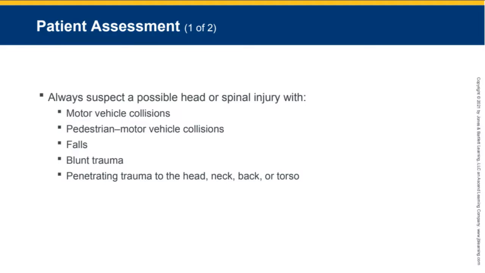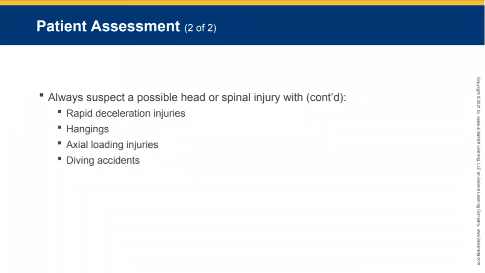Pedestrian versus motor vehicle always win. Falls, blunt trauma, penetrating trauma to the head, neck, back, or torso. Always suspect a possible head or spinal injury with rapid deceleration injuries, hangings, axial loading injuries, diving accidents.